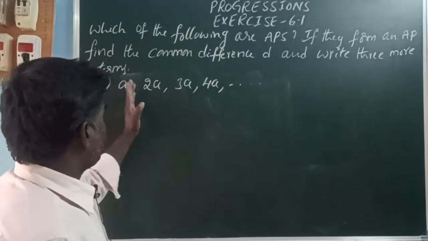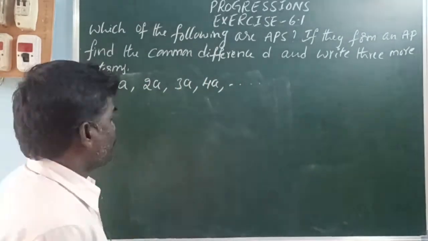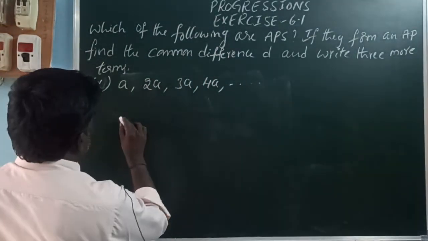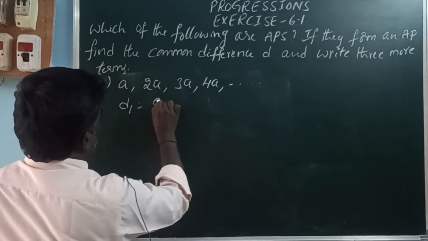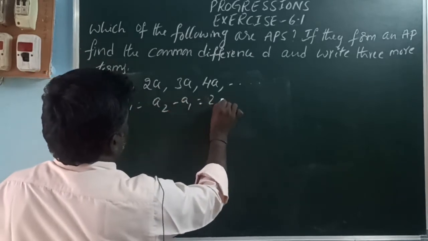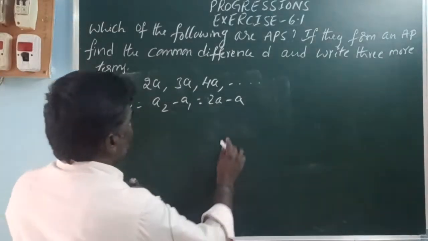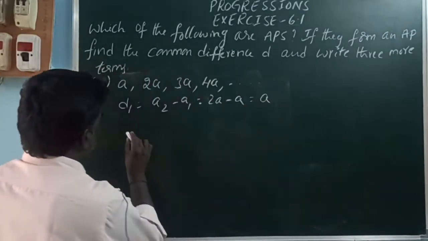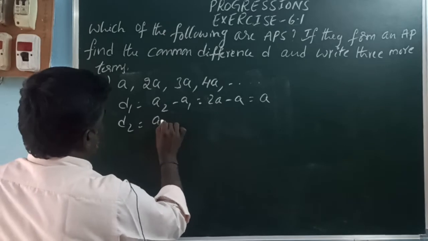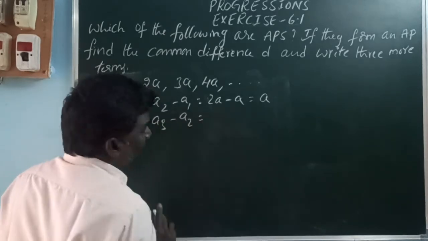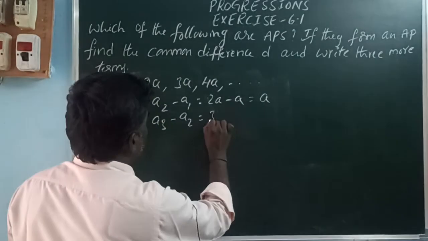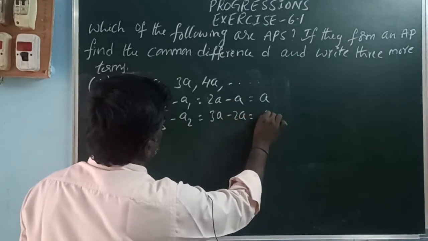Next, a, 2a, 3a, 4a and so on. Find the common difference. d1 is a2 minus a1, 2a minus a. Second term is 2a, first term is a, 2a minus a equals a. Next d2, a3 minus a2, third term minus second term, 3a minus 2a equals a.